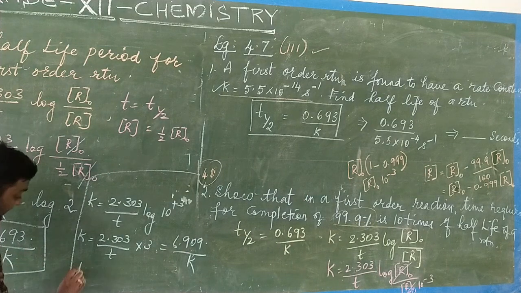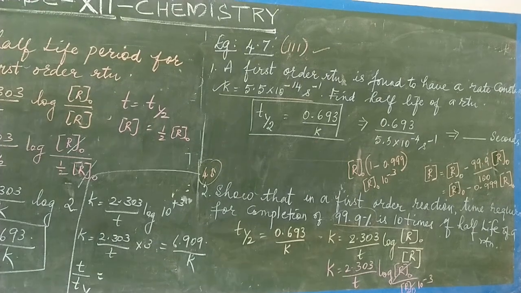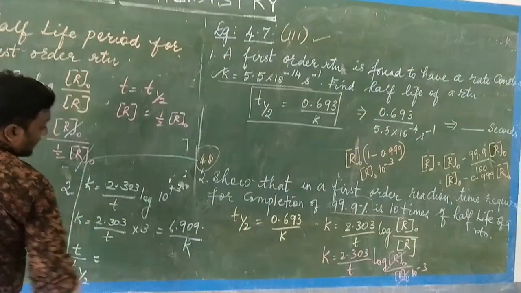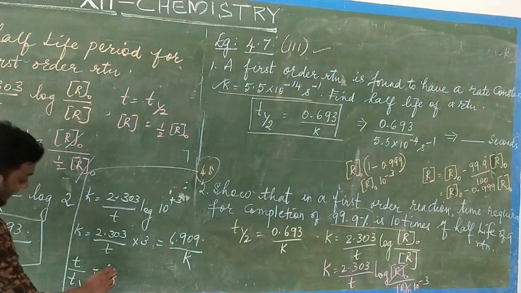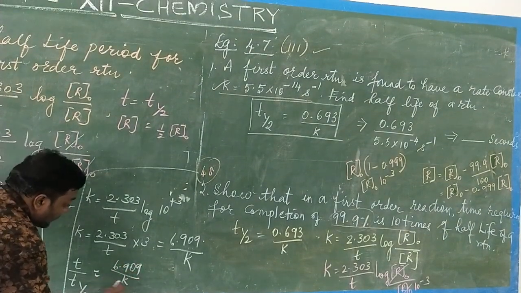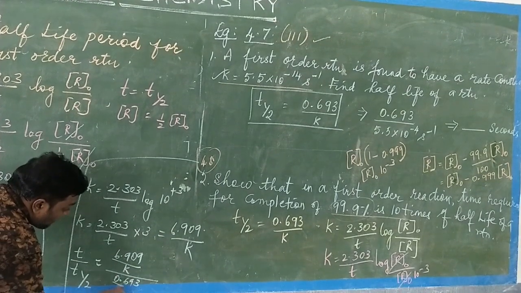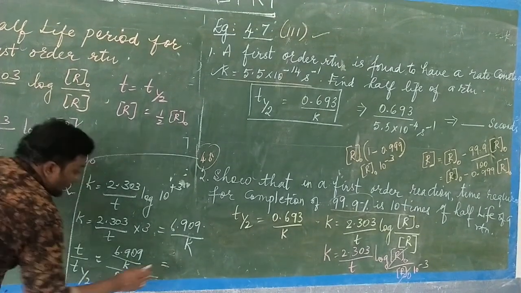Now t divided by t half will be equal to what? What is the value of t that we have? The value of t is calculated as 6.909 divided by K, the whole divided by 0.693 divided by K. So that becomes what?